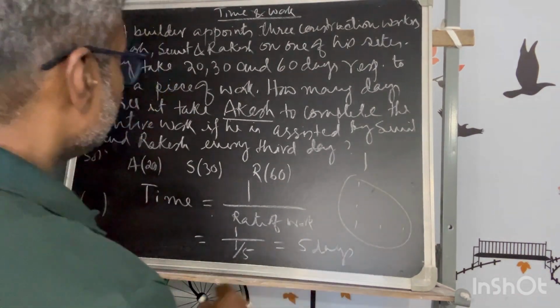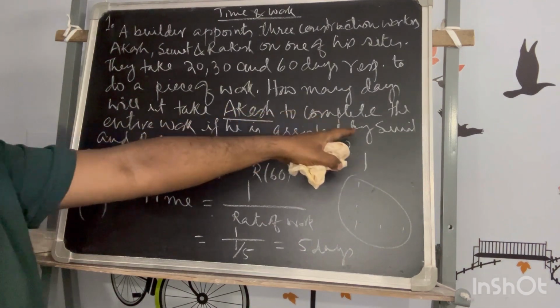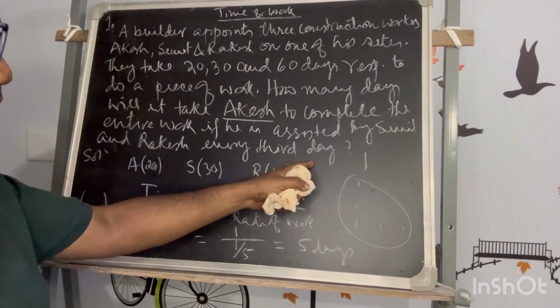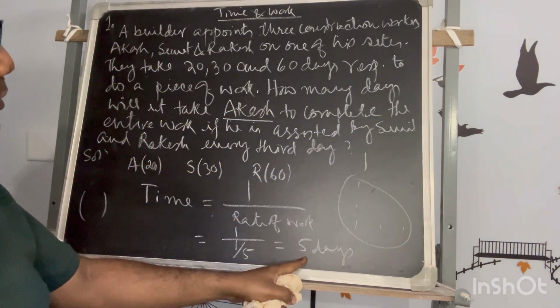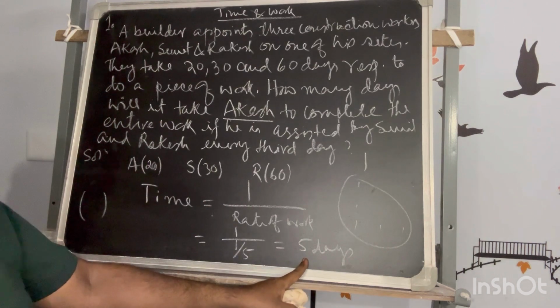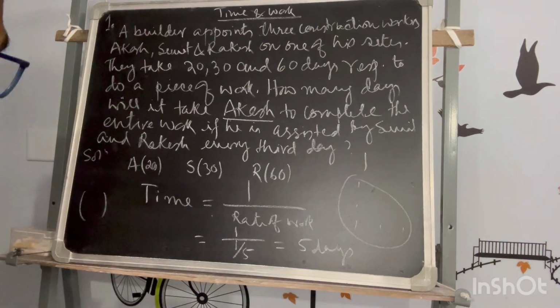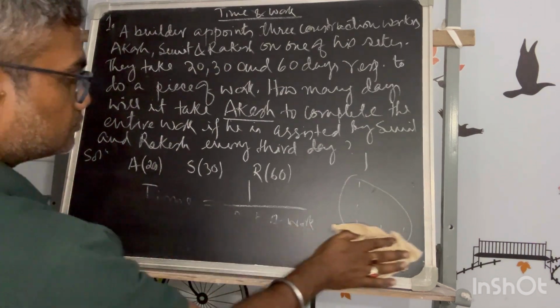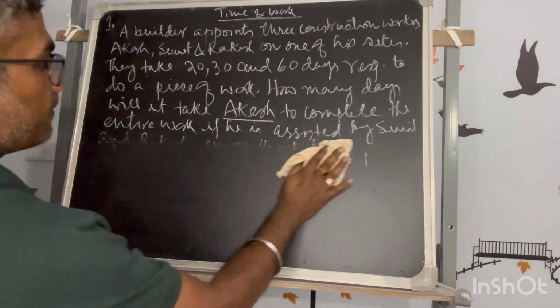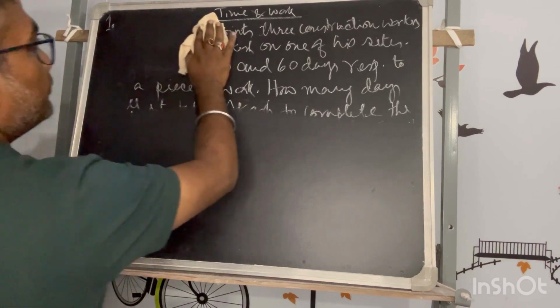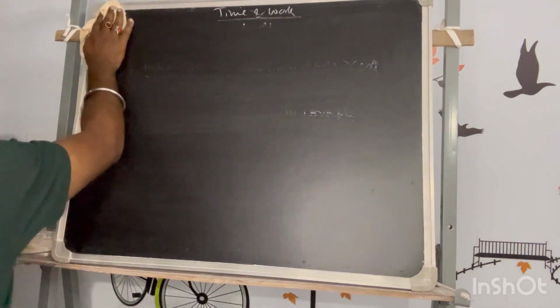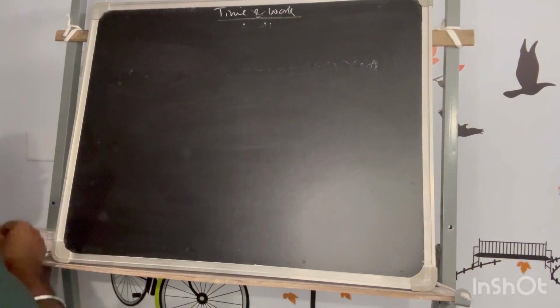So that means Akash, with the assistance of Sunil and Rakesh every third day, can complete the job in 5 such segments, that is 5 days by this calculation. Understood? Okay. Moving to the next problem, problem number 2.